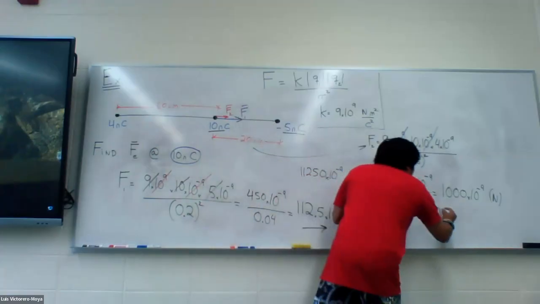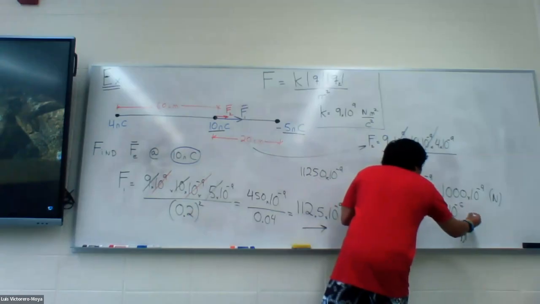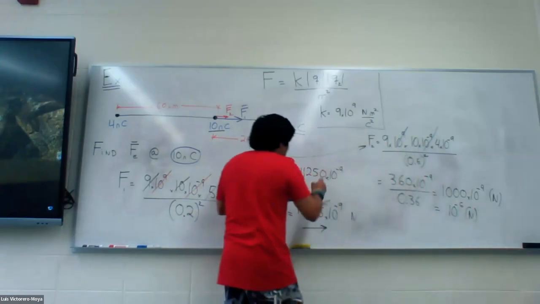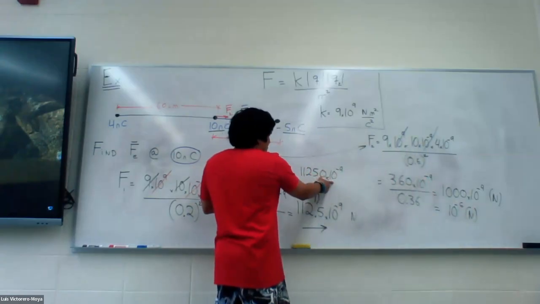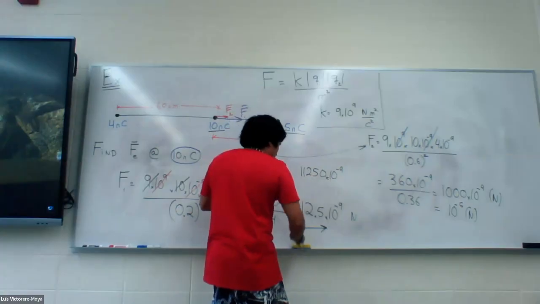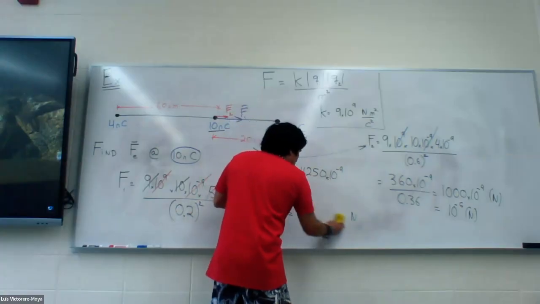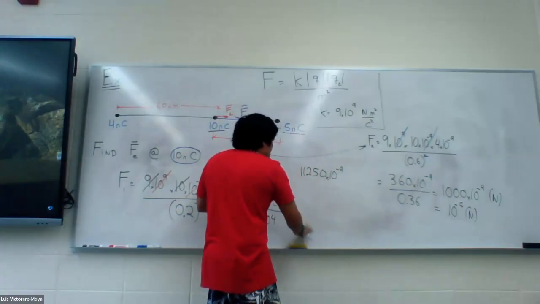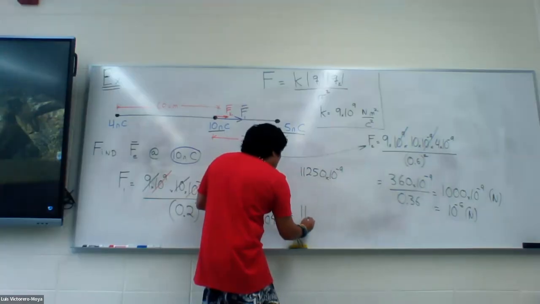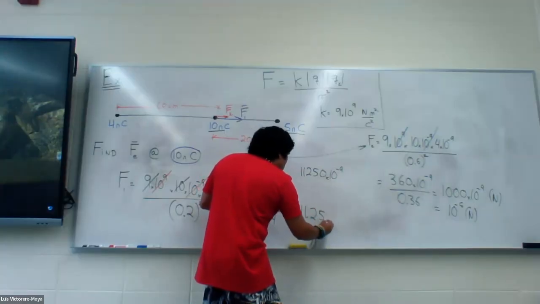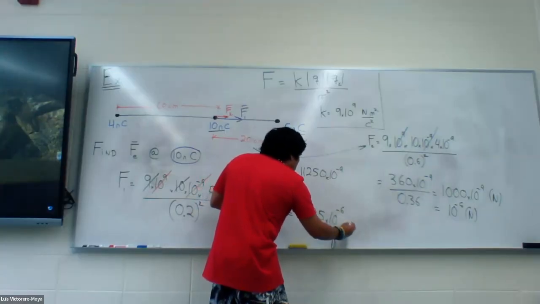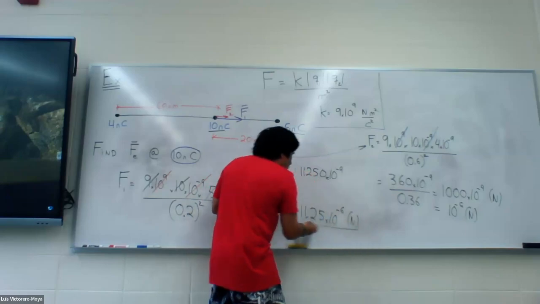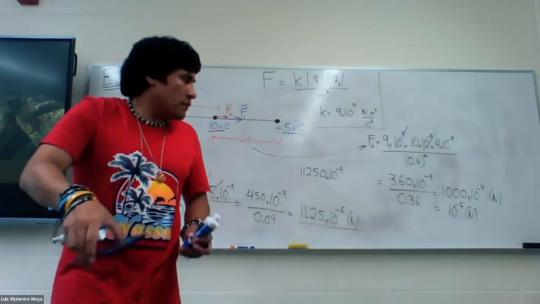So, okay, this is 10 to the -6, which is the same exponent here. Times 1,000, 1, 2, 3. So this is 11.25 times 10 to the -6. All right. Thanks. That's the answer.